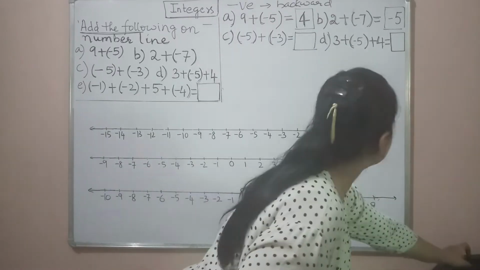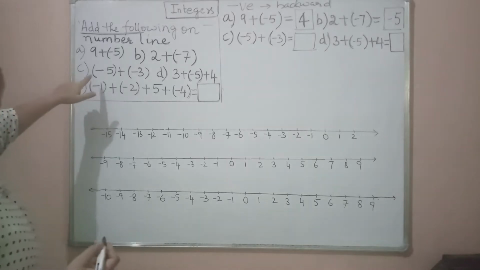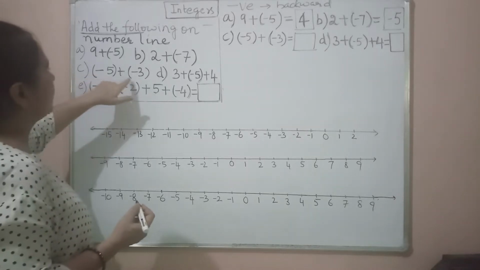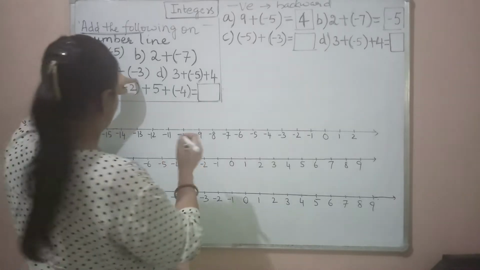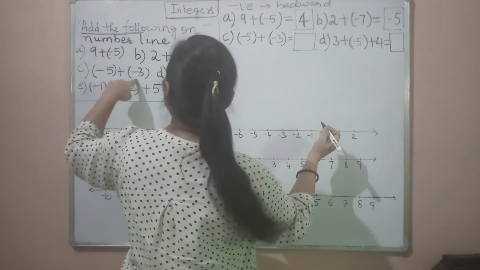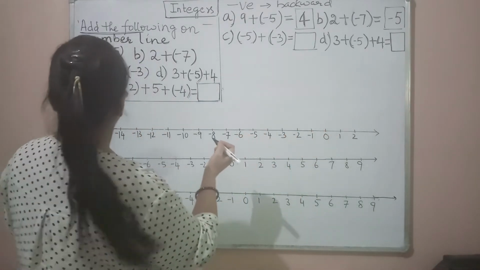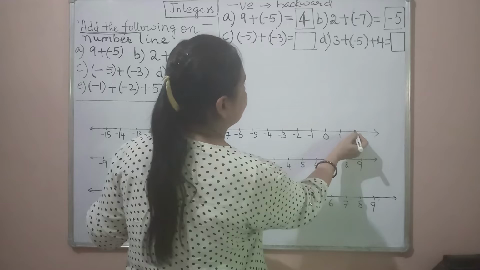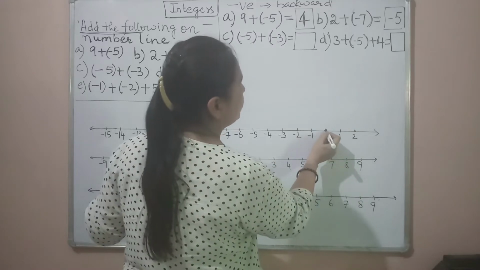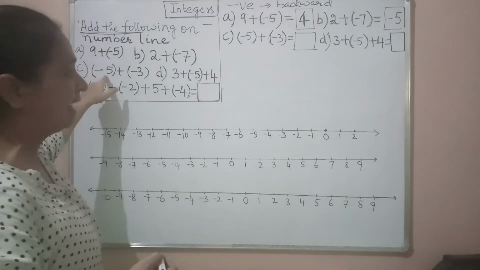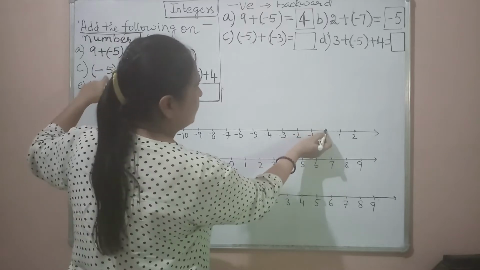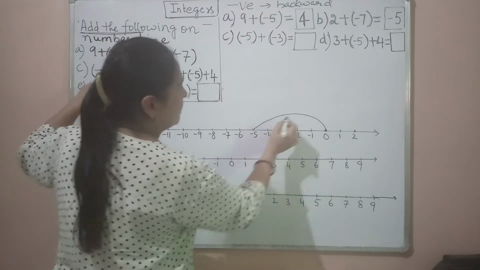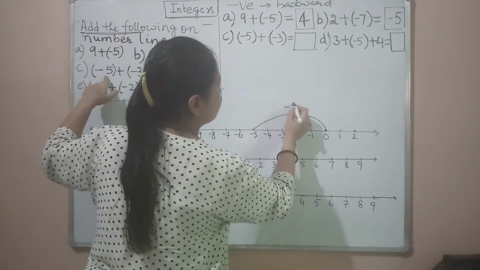Now our next question is C, minus 5 plus minus 3. So where is our 0? Okay, for C part, minus 5. We have 0 here. Minus 5 means we reach minus 5. This is minus 5.